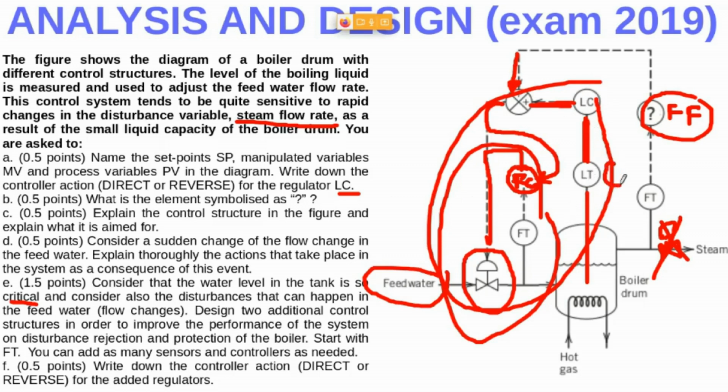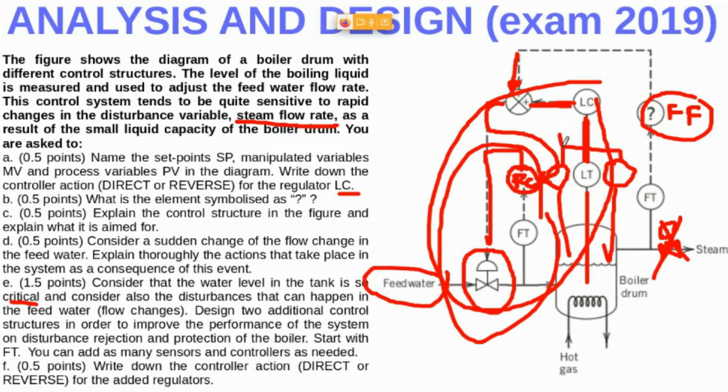So my proposal is to add, for example, 2 additional level transmitters, with the assumption that only one may fail at a specific time.